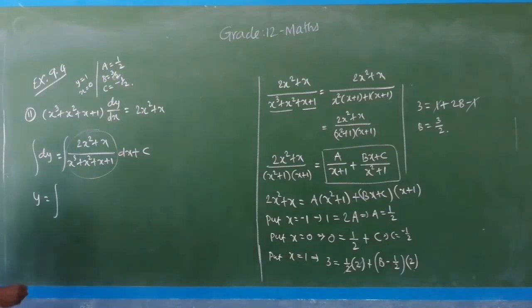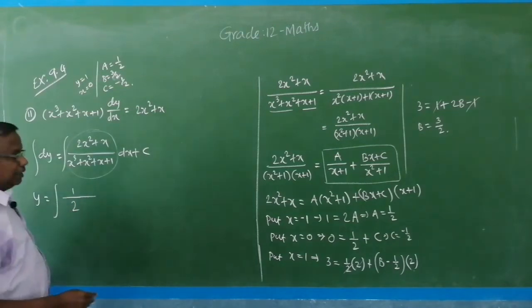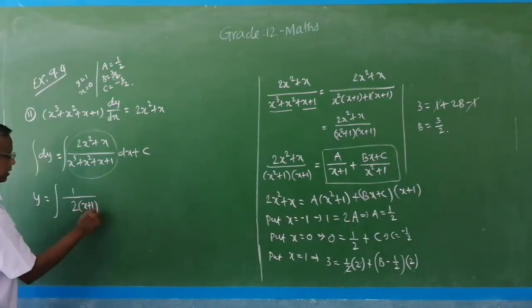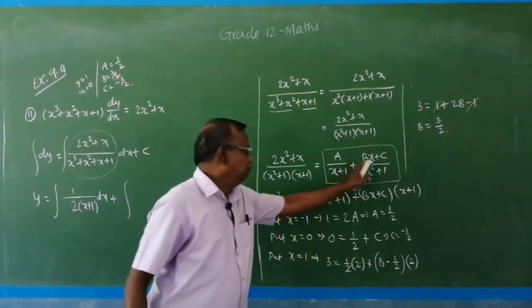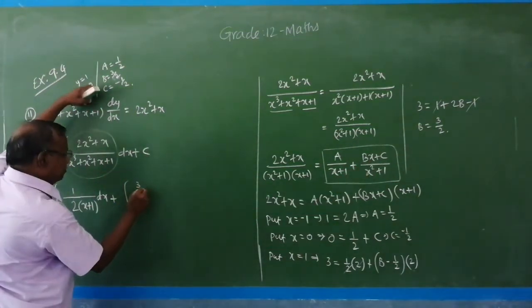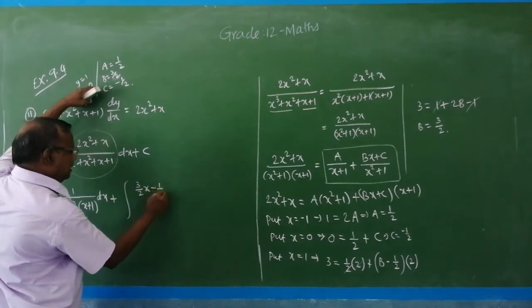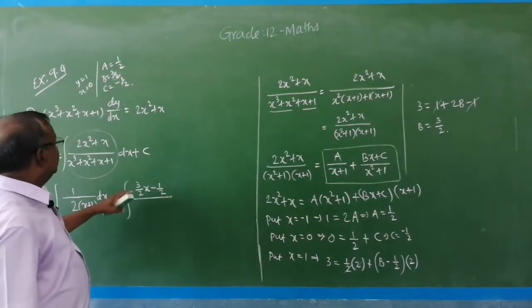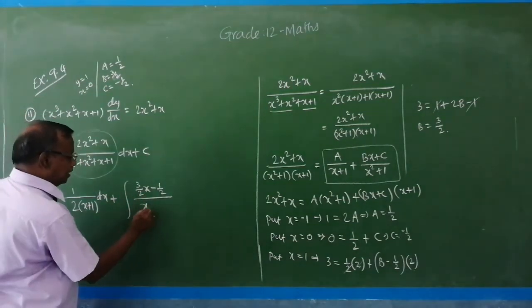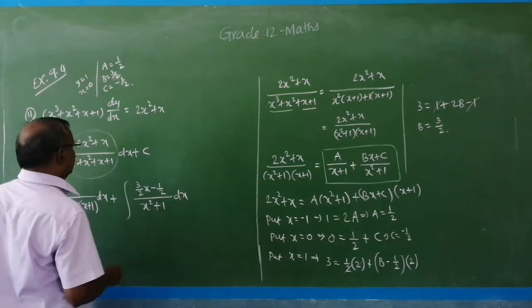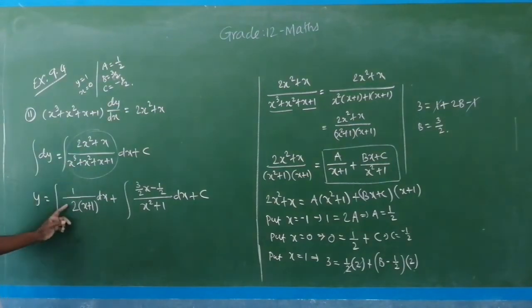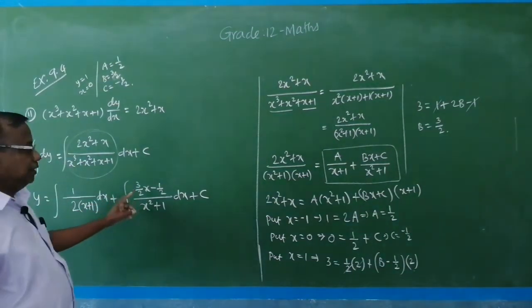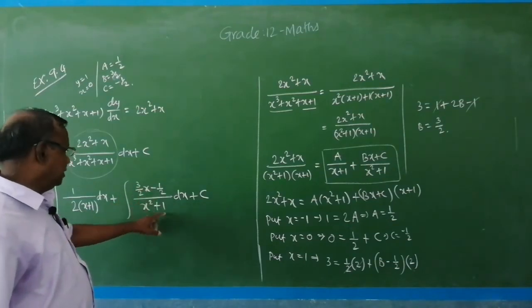That is, a means 1 by 2, integral of 1 by 2 into 1 by x plus 1 dx, plus integral of bx plus c, that means 3 by 2 x, and c equal to minus 1 by 2, so 3 by 2 x minus 1 by 2 divided by x squared plus 1 dx, plus C. So we have split it like 1 by 2 into 1 by x plus 1 dx plus integral of 3 by 2 x minus 1 by 2 divided by x squared plus 1 dx plus C.